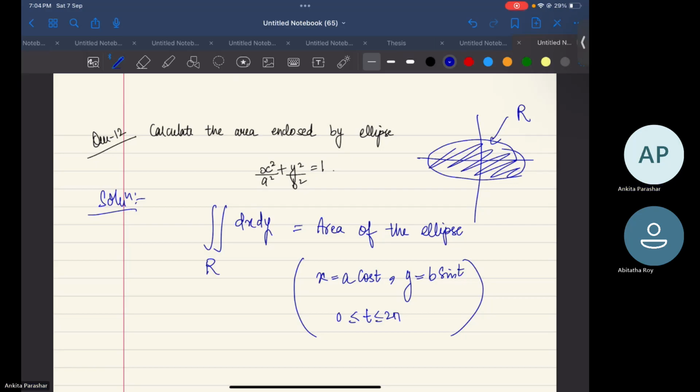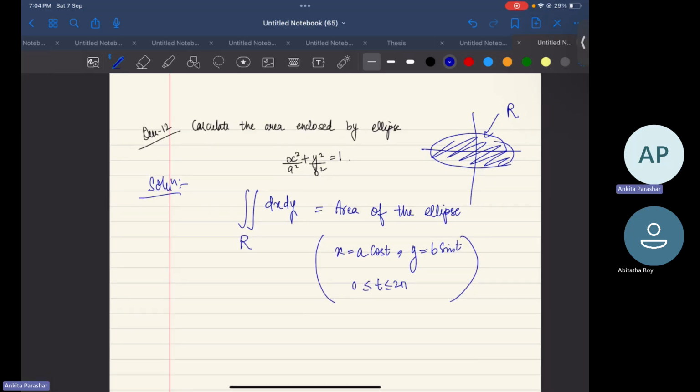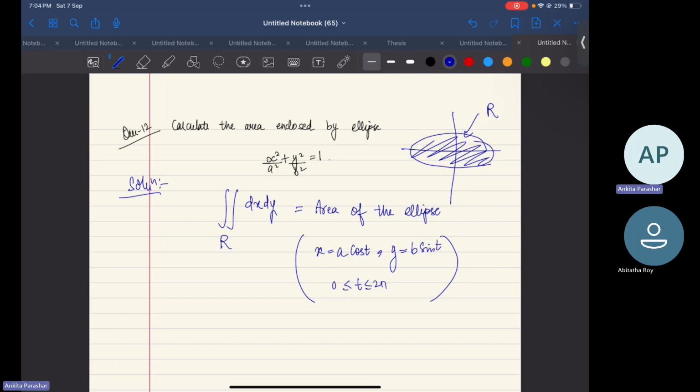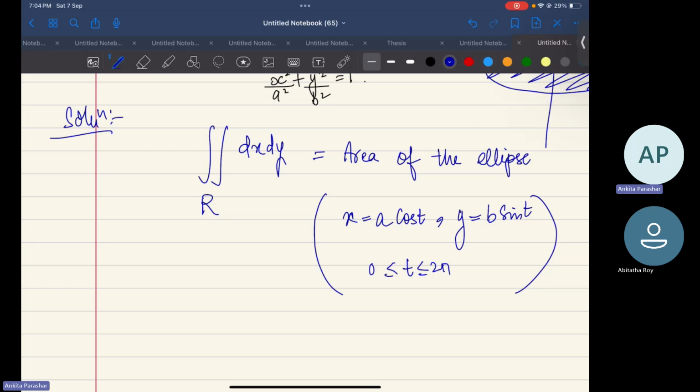Okay. Now, just a moment. I actually want to use Green's theorem, okay?